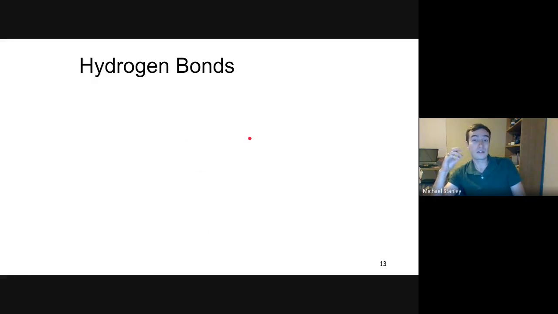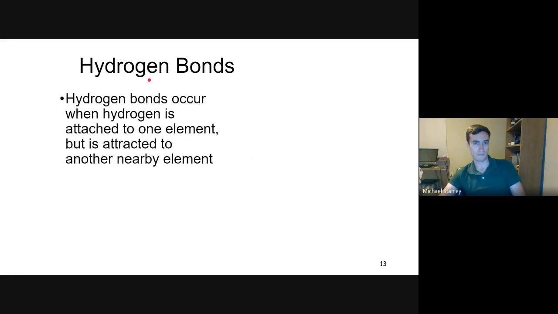All right, so like Nasima mentioned earlier, hydrogen bonds are what keep the bases on the DNA together. These are what link the ATs and the GCs. So hydrogen bonds are a type of chemical bond that happens when you have a hydrogen bonded to one element, but there is another element nearby that it's kind of attracted to.